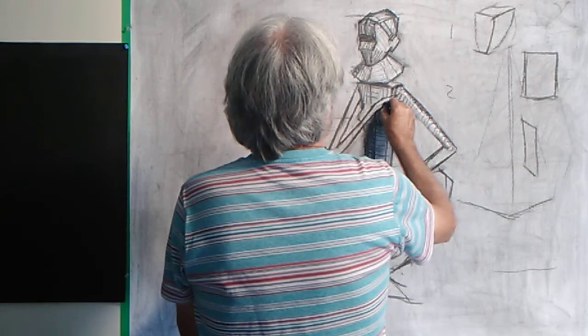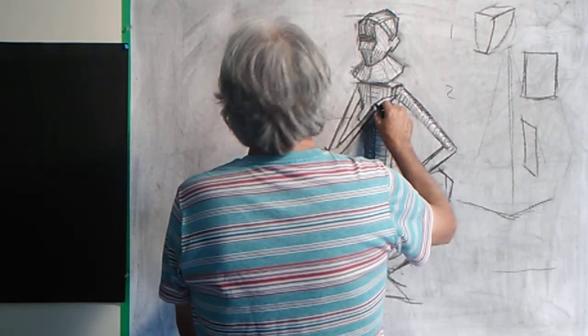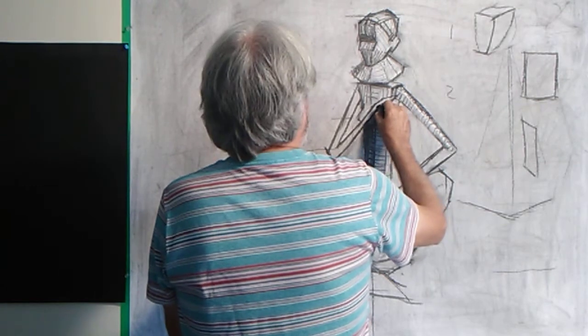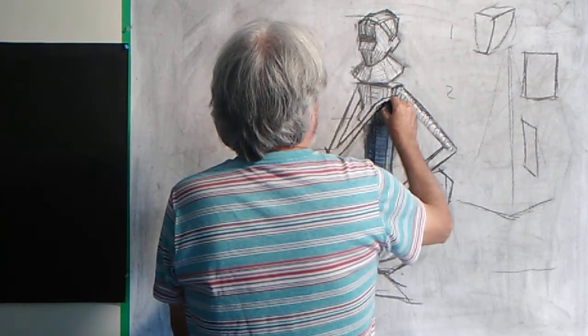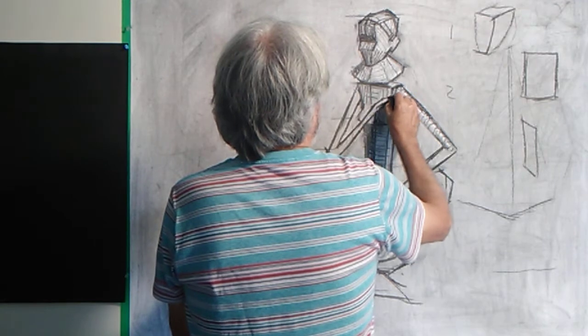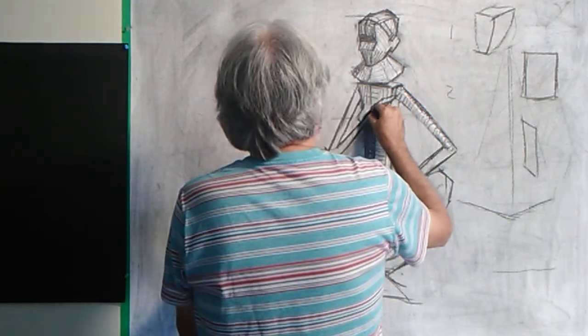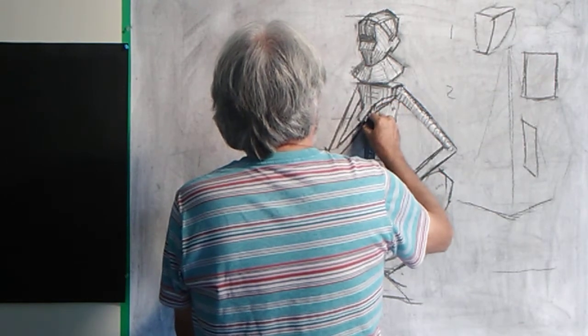So there's a thickness here, and this thickness that I'm seeing has a darkness to it, and it's going this way. And the top part is lighter, so I'm going to leave it like that. And then this itself would take on a curve like this.